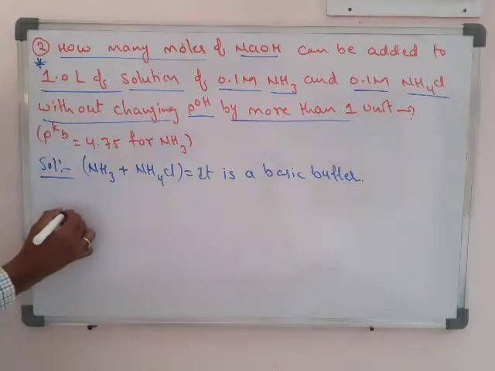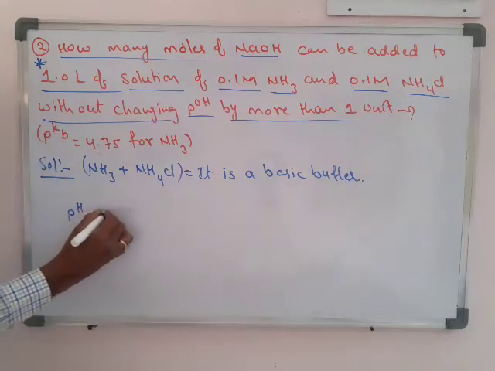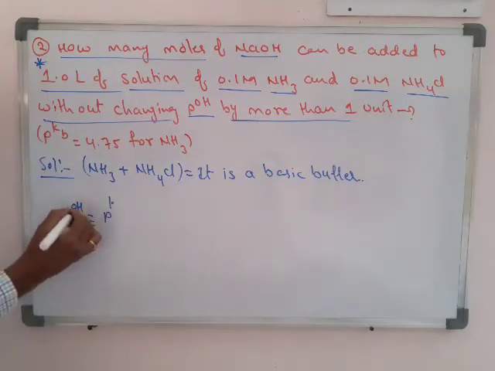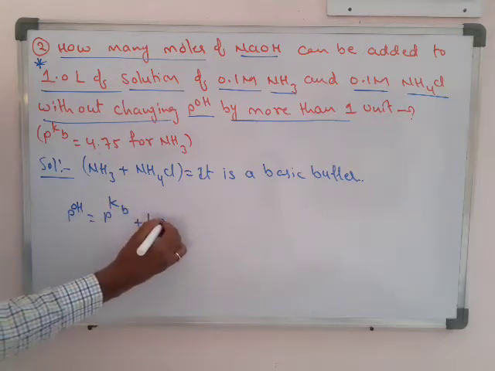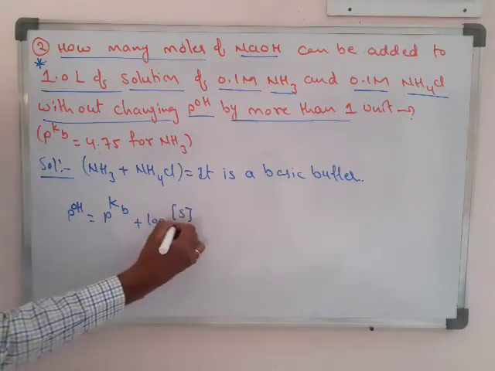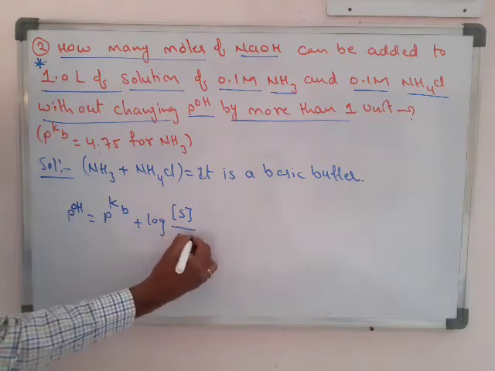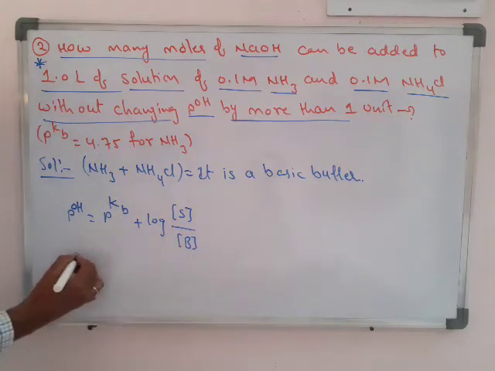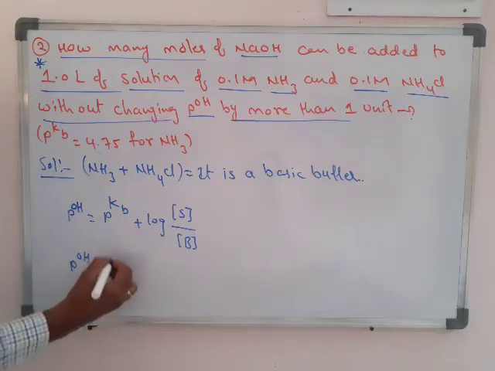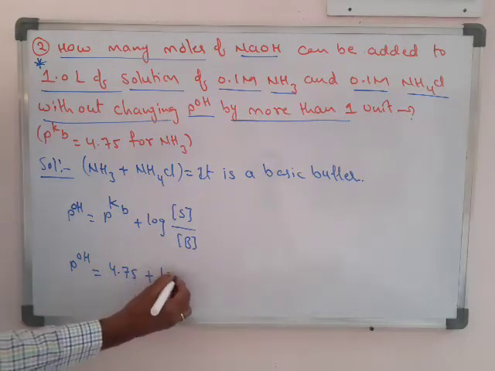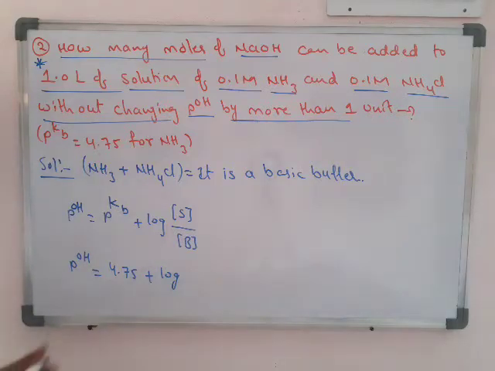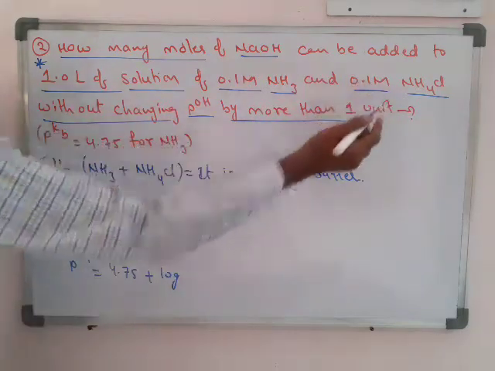So for a basic buffer, we can calculate the pOH: pOH is equal to pKb plus log of salt concentration by base concentration. So the pOH is equal to pKb, given as 4.75, plus log of the salt concentration, 0.1.